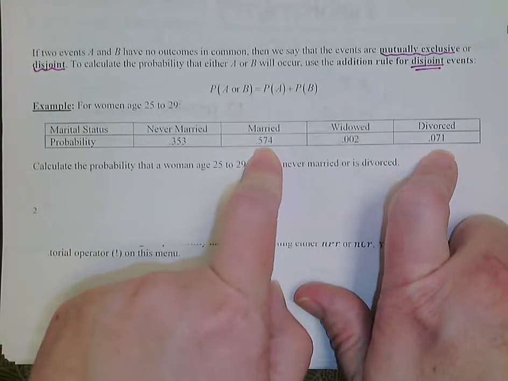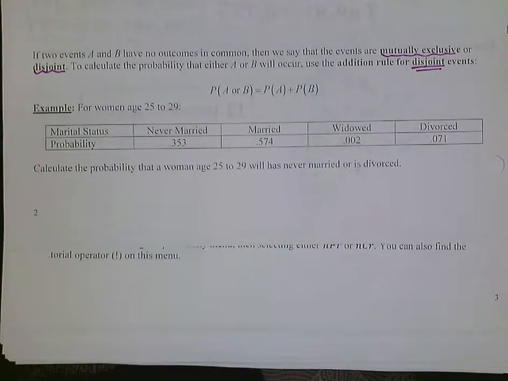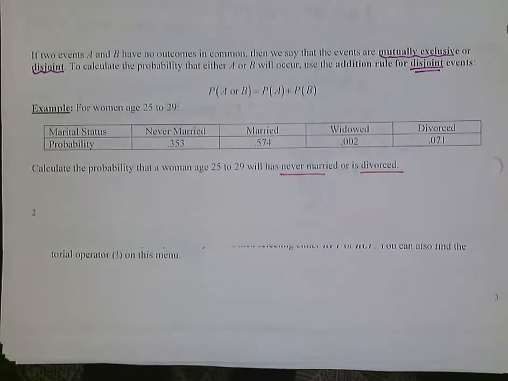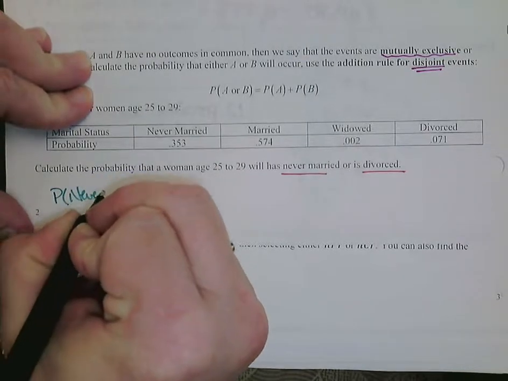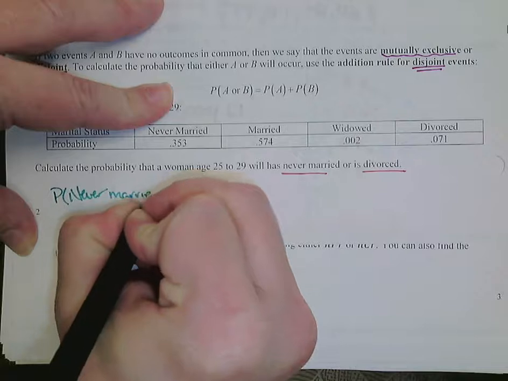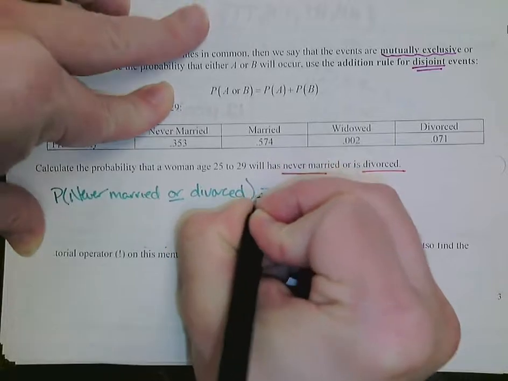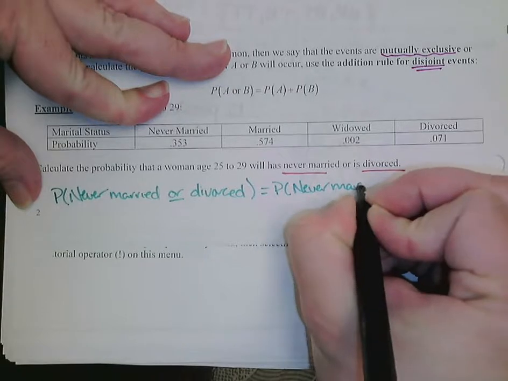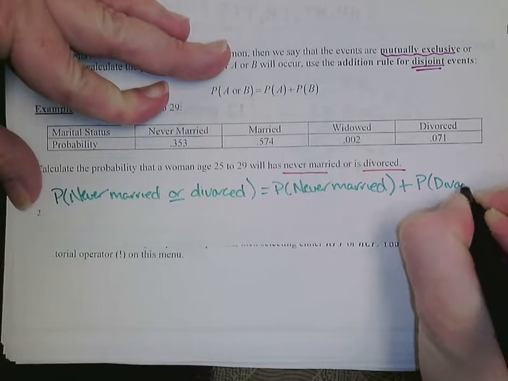So if we wanted to calculate the probability that a woman between the ages of 25 and 29 has never married or is divorced, then the probability of never being married or being divorced is just going to be the probability that you have never married plus the probability that you're divorced, because those events are mutually exclusive.